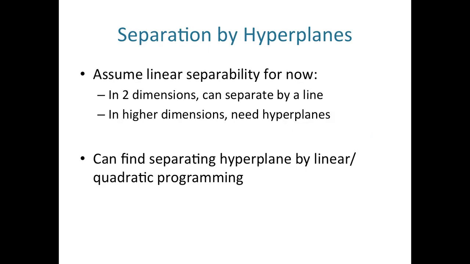So again, if we assume linear separability in 2 dimensions, we can separate classes with a line. If it's more than 2 dimensions, then we'll be talking about hyperplanes. That's the reason why I said that we're looking for the hyperplanes that maximally separate the two classes.